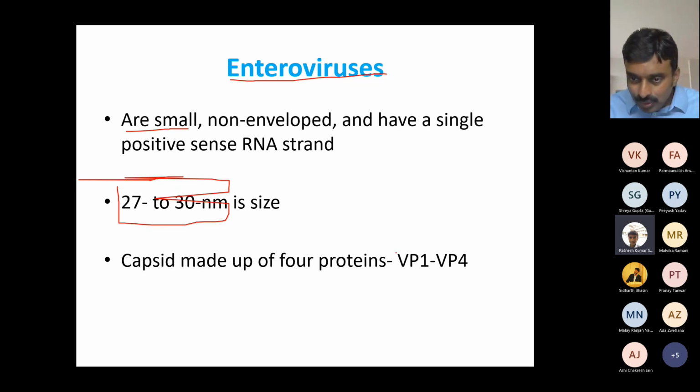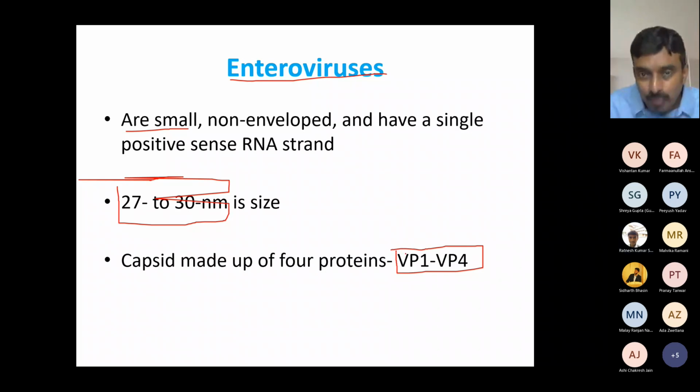Now, this is something that you want to remember. It is a common theme that recurs among any virus infections or any viruses that you speak about. The capsid proteins, or the proteins that make up the protective coat for the virus, are usually numbered or labeled as VP1, 2, 3, 4, 5, 6, and so on for each virus.